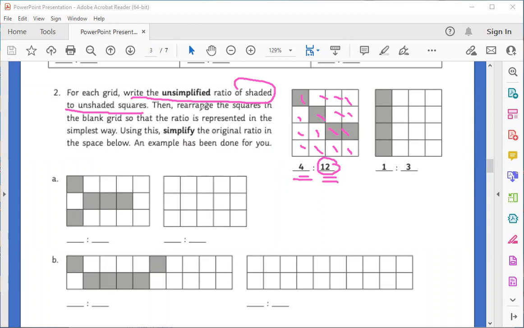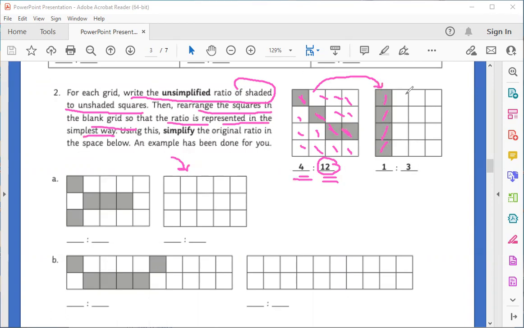All right, then rearrange the squares in the blank grid. You see the blank grid over here? You've got to rearrange it so that the ratio is represented in the simplest way. For example, look here. These 4 shaded squares are put here in one single line or column.